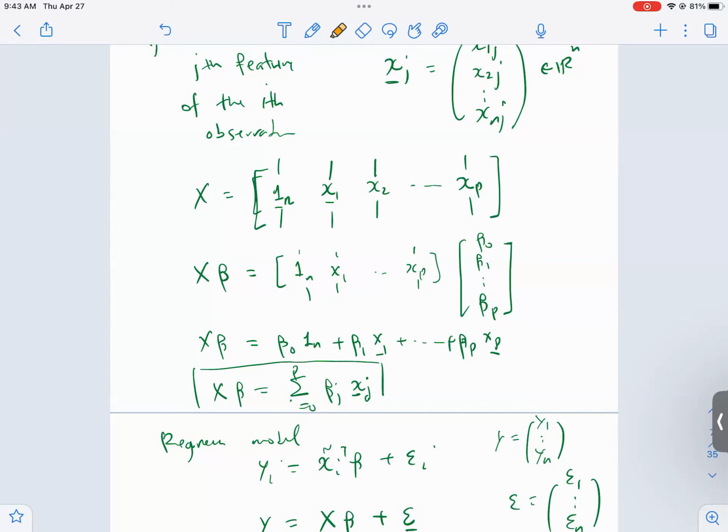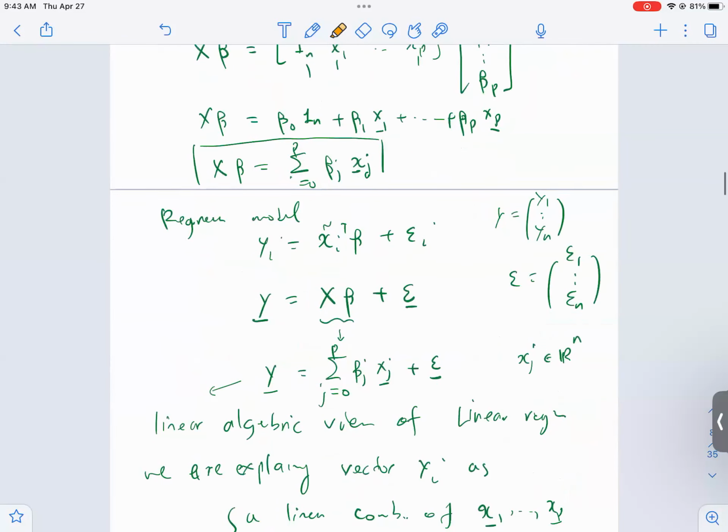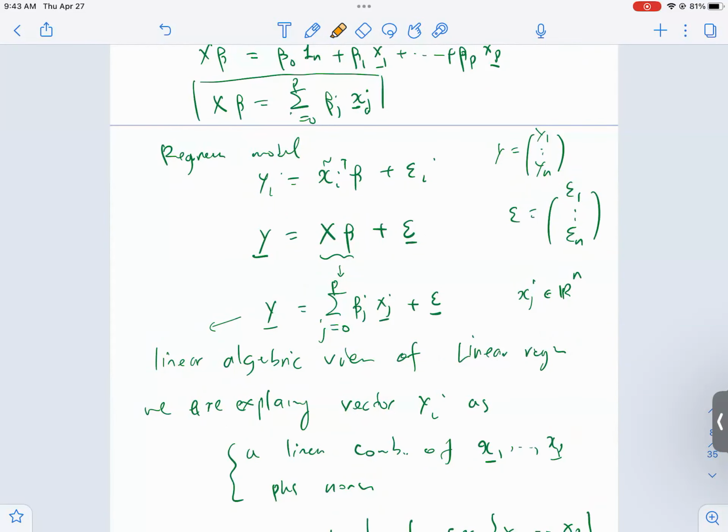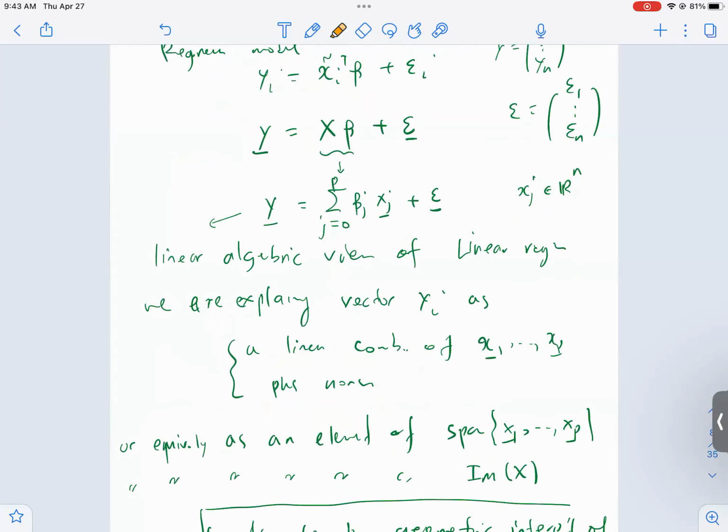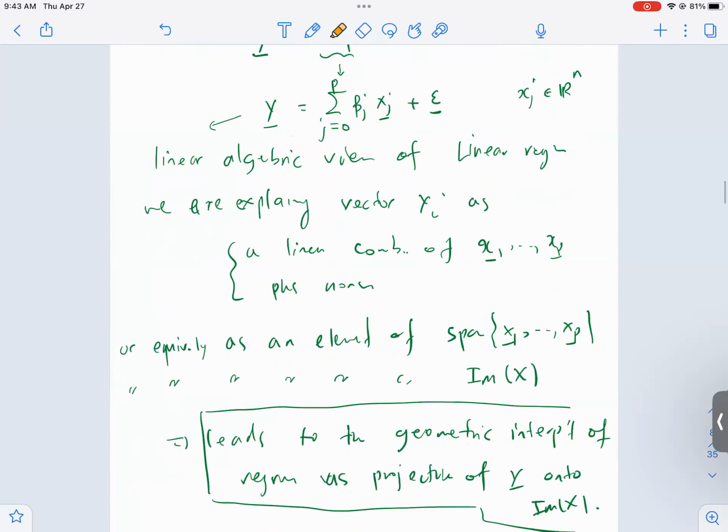So x beta is generally an element in the column space of the matrix X. And it's just a linear combination of the columns. And so that was that. We talked about these. And towards the end, we talked about the geometric interpretation.